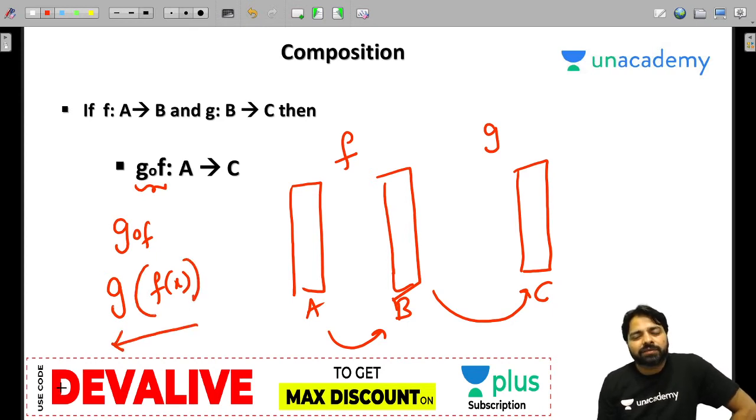Remember, it's right to left. So composition we follow right to left. First you need to apply f, then g.